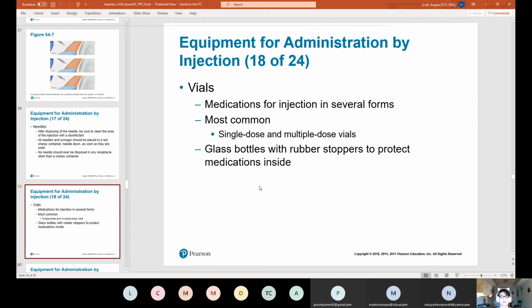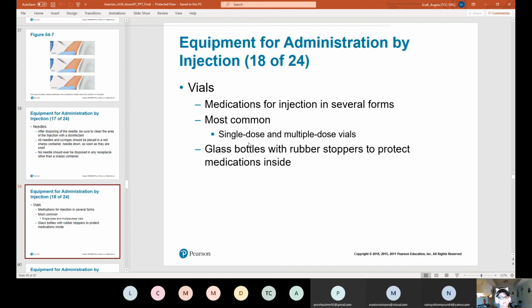Vials is the next thing we're going to get to. Several of my videos have already shown y'all working with a vial. A vial is basically a type of medication container that holds many doses. Are there single dose vials?